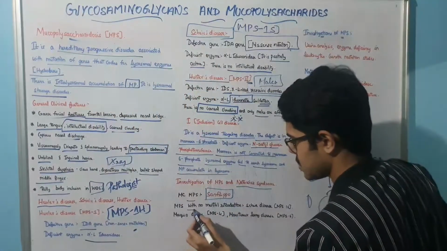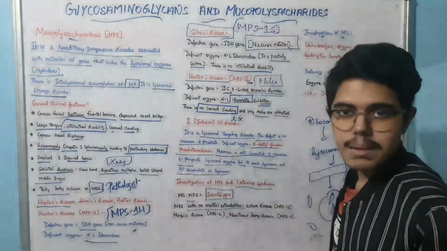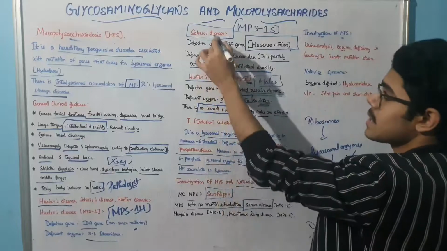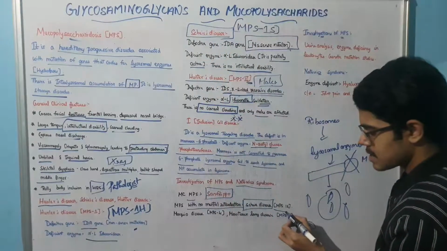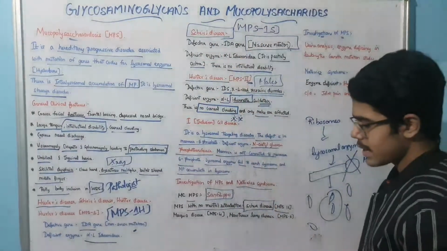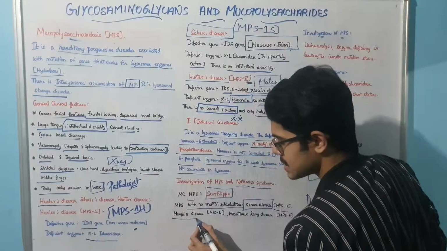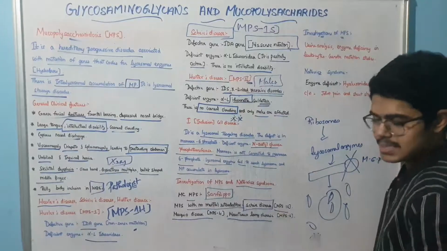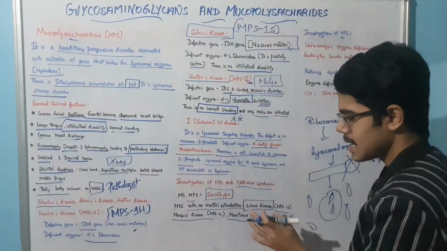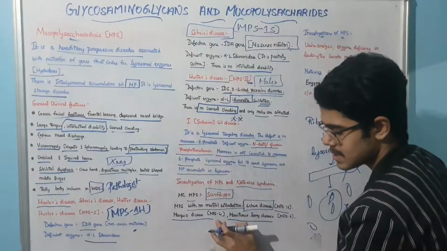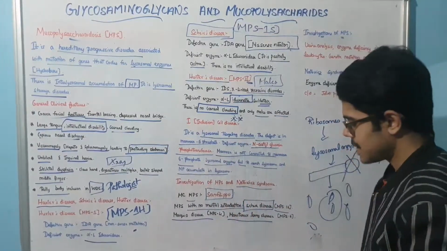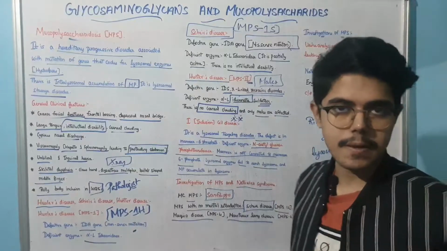The examples are Scheie disease, MPS 1S, as we discussed already, and also Morquio disease, MPS 4, and Maroteaux-Lamy disease, MPS 6.